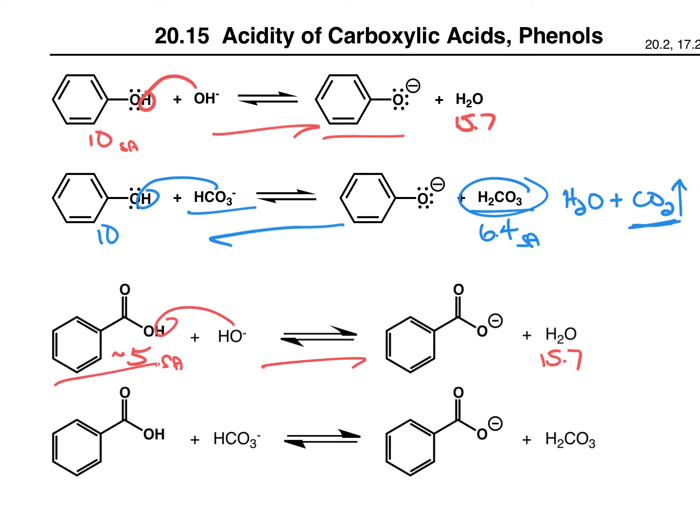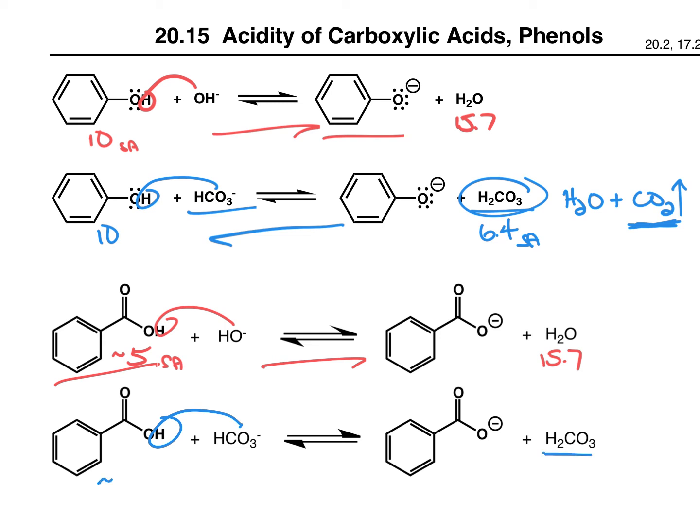That means that if you had a phenol and you reacted it with bicarbonate, you're not really going to see much carbon dioxide because very little of this will be produced, because the equilibrium lies to the left. In contrast, when we have a carboxylic acid and we treat it with bicarbonate, this is going to grab off the proton, giving this.